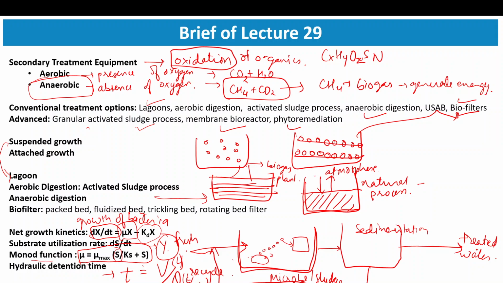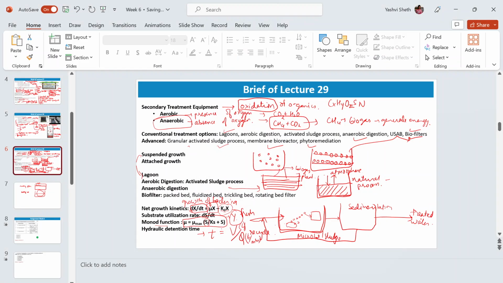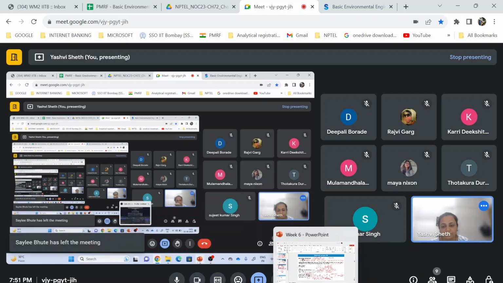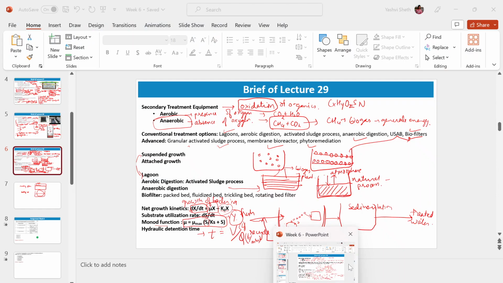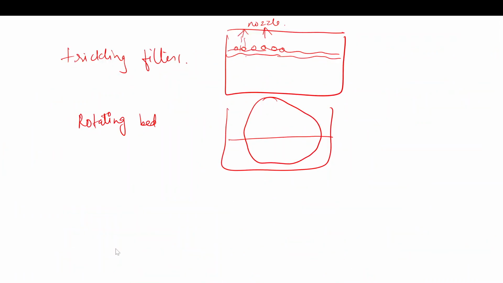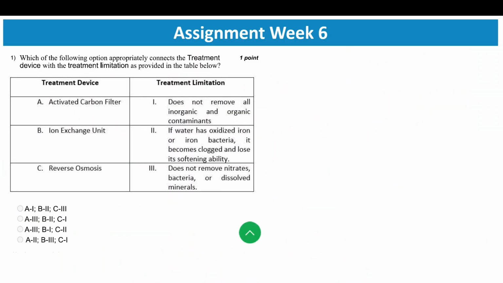So according to the unit, you can find the detention time. I hope it is clear so far. Then I will move to the assignment. Okay, so I'll move to assignment.